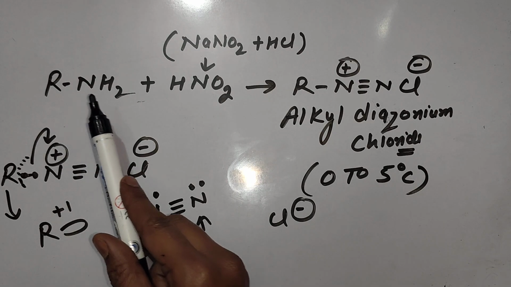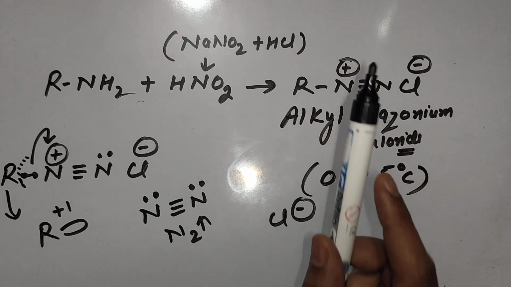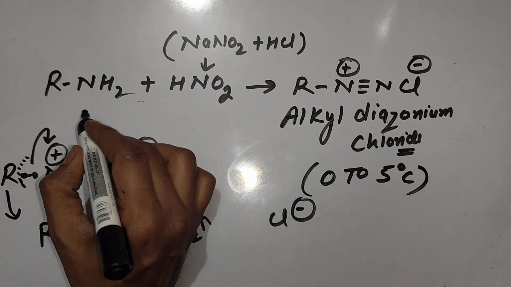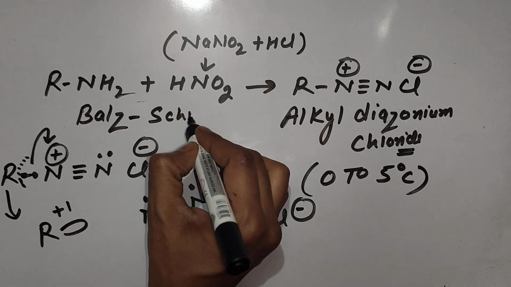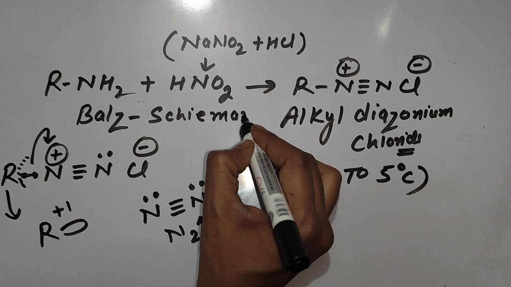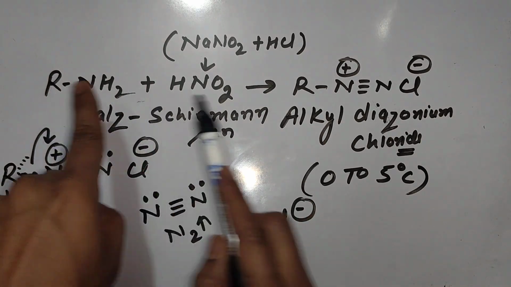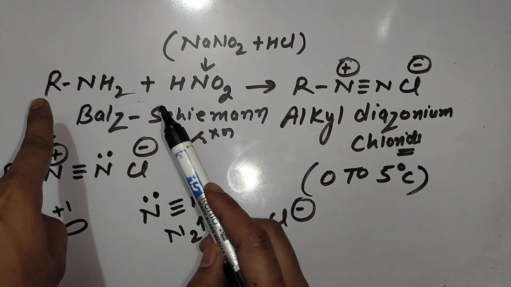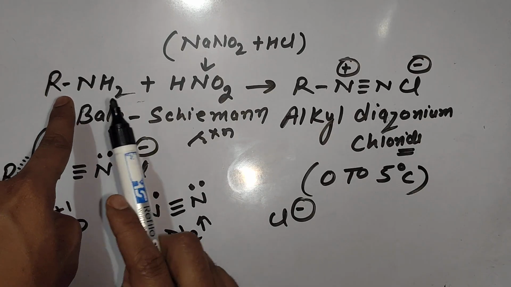Number one, from here to here, I will not tell you the mechanism, because this mechanism we have already discussed in previous videos under the name of the Balz-Schiemann reaction. Yes, the reaction includes the same step. In place of R, a benzene ring was there. This was the change, and the mechanism will be similar.